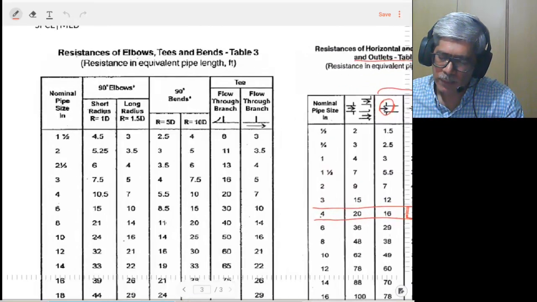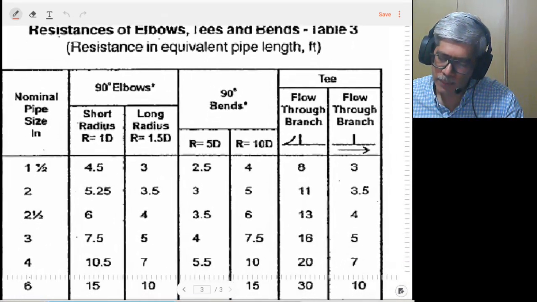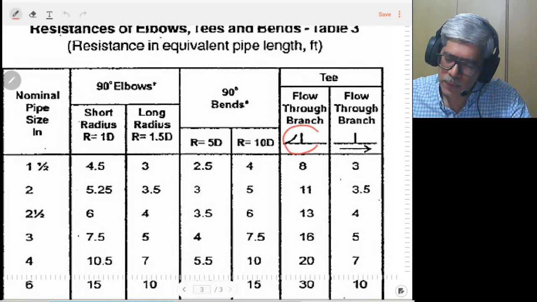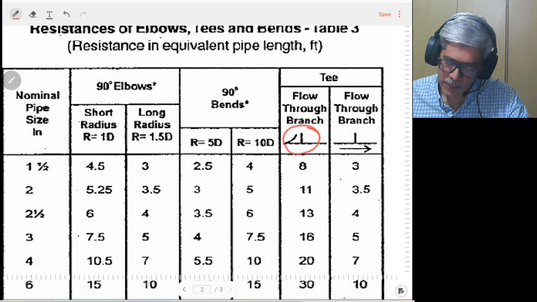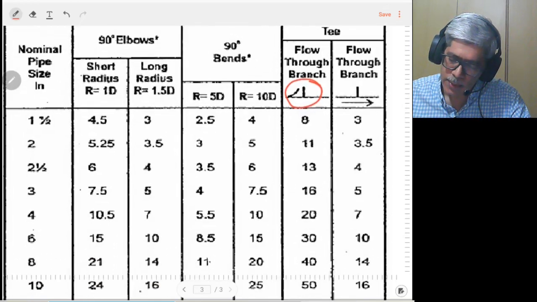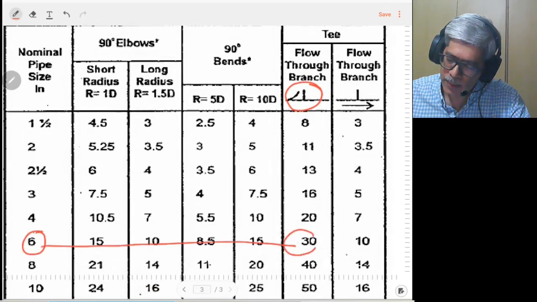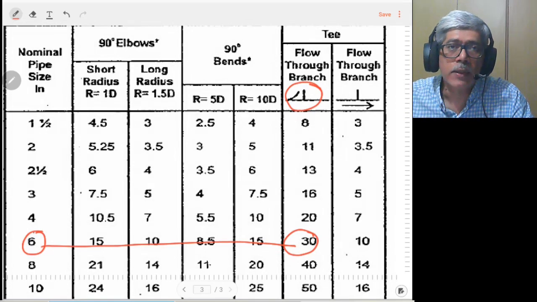So here we have the table corresponding to T, and we have flow through the branch. So we have to consider this column, and our size is 6 inches. Corresponding to this, we'll get an equivalent length which is 30 feet.